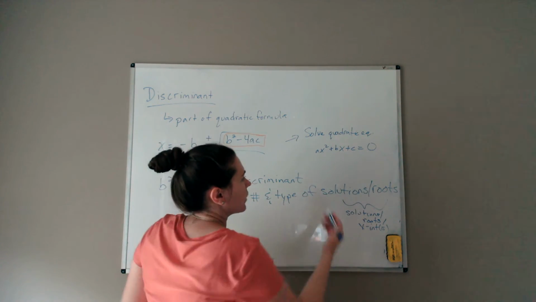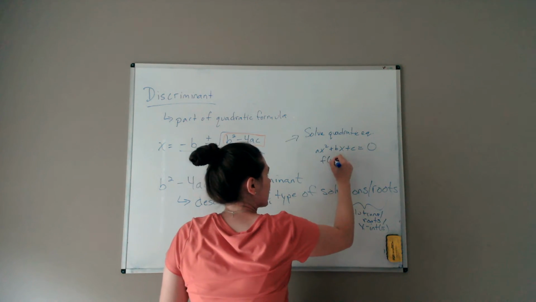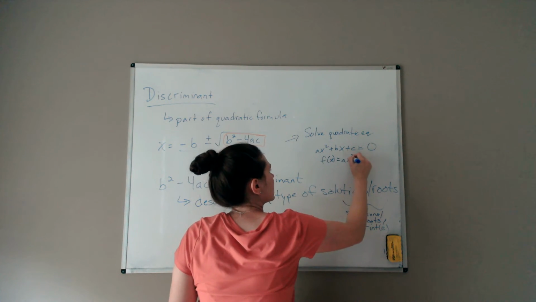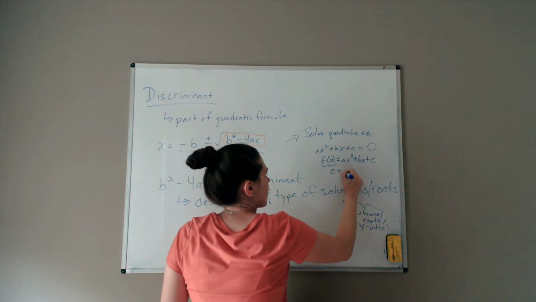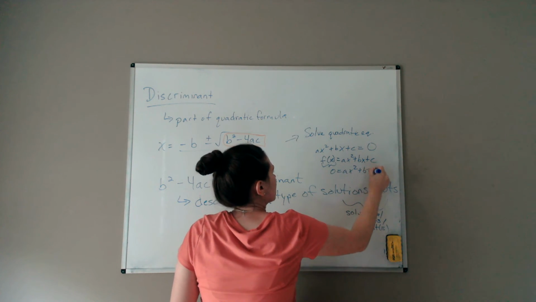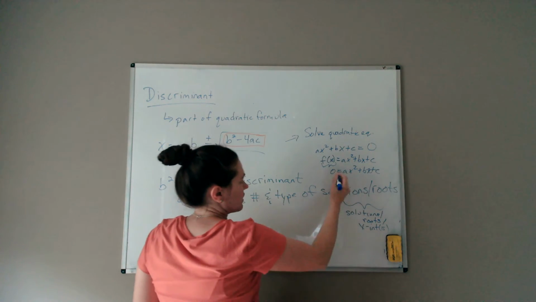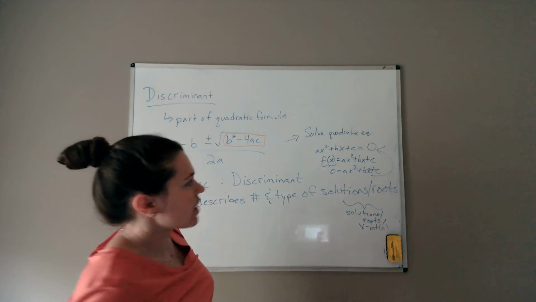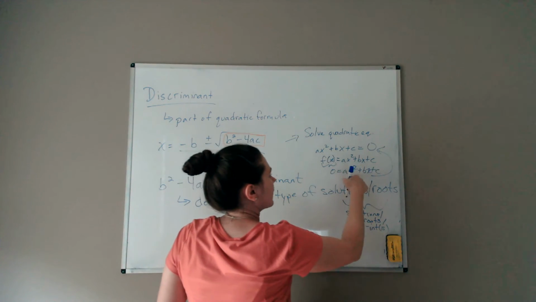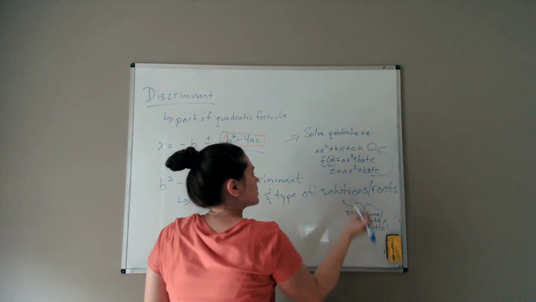Your roots are when you take a quadratic function and you find when the output is 0. That's called finding its roots, okay? That's the same thing as solving. And the x-intercepts, remember, are the values of x that give you an output of 0.